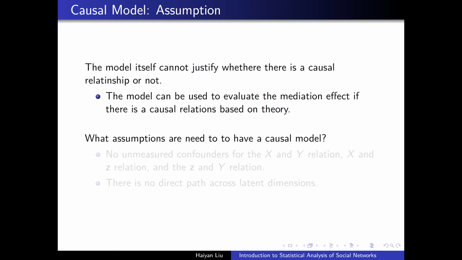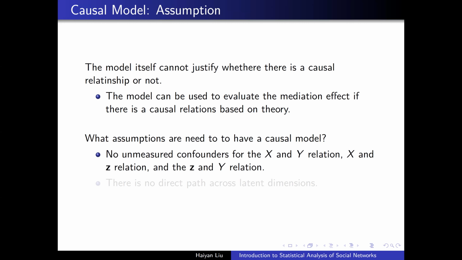We need no unmeasured confounders for the XY relation, the XZ relation, and the Z to Y relation. These are similar to those used in the simple mediation model. If we want it to be causal, then we need those 3 no-unmeasured-confounders assumptions.